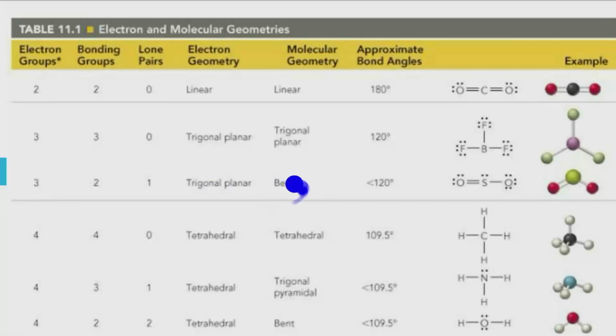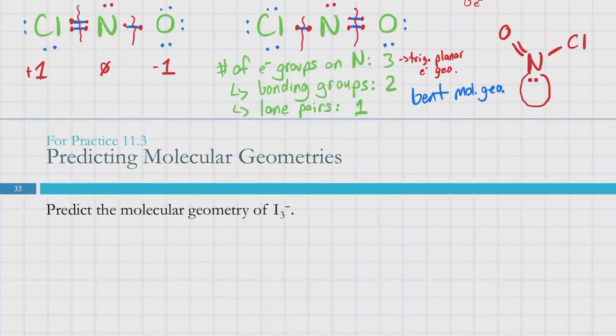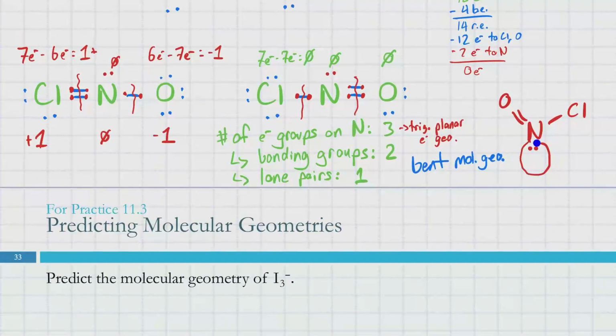So we get bent molecular geometry. If it was perfectly trigonal planar, the angle would be 120. But because we have a lone pair, this lone pair squishes the oxygen and the chlorine together. So this is going to be less than 120 degrees, because the lone pair squishes them together.